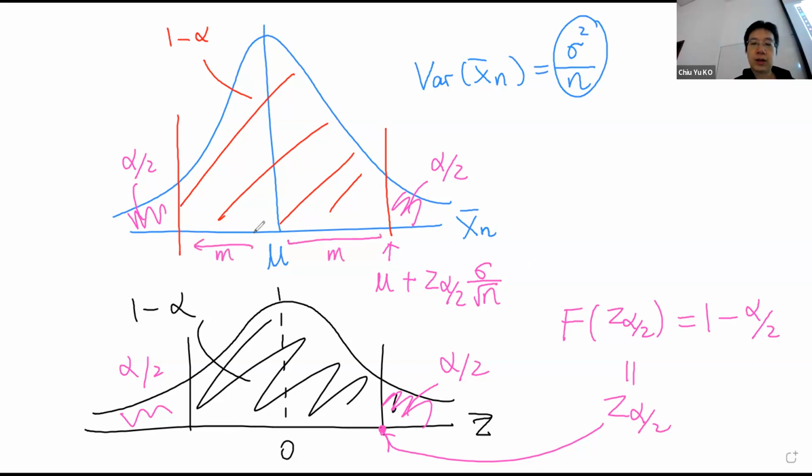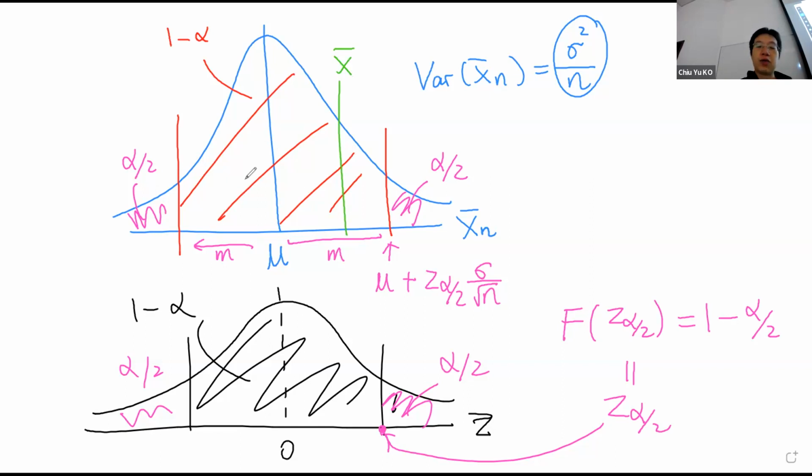So the magic is like this. I take the M, but remember, there is a large chance that X bar is here. With probability 1 minus alpha, X bar is within this region.